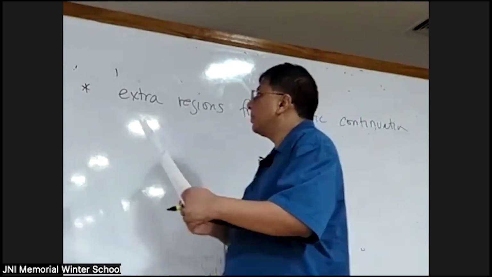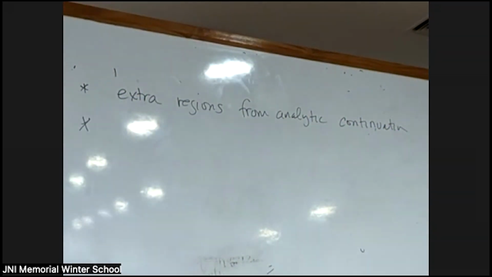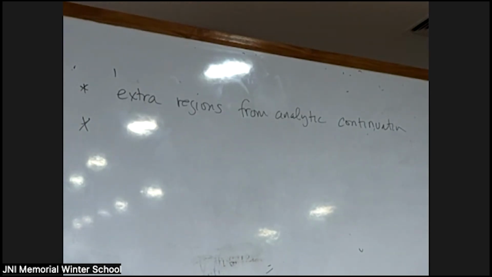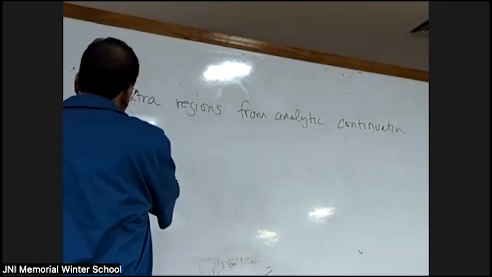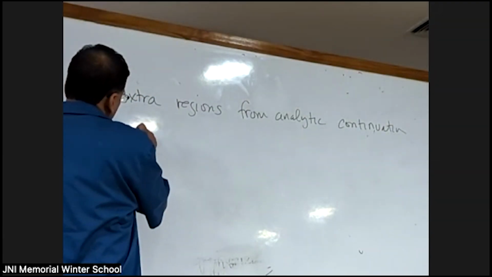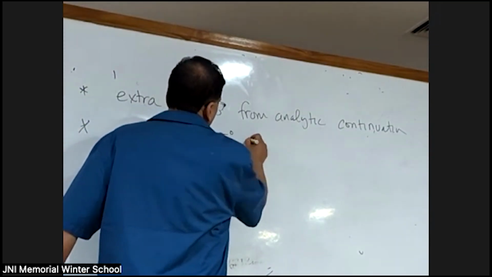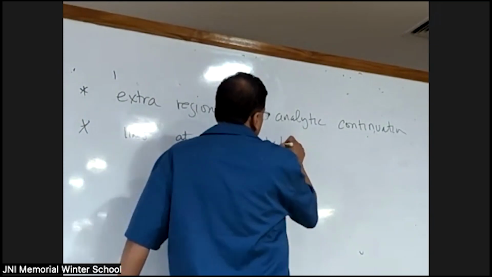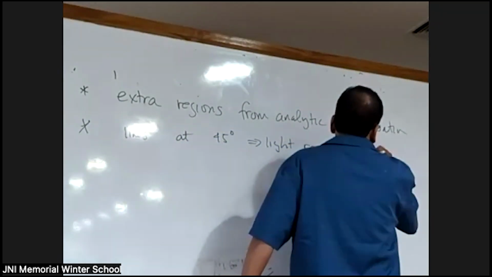I think those are the two main things that characterize Penrose diagrams. The other thing that people always say is that straight lines at 45 degrees are light rays, or null.